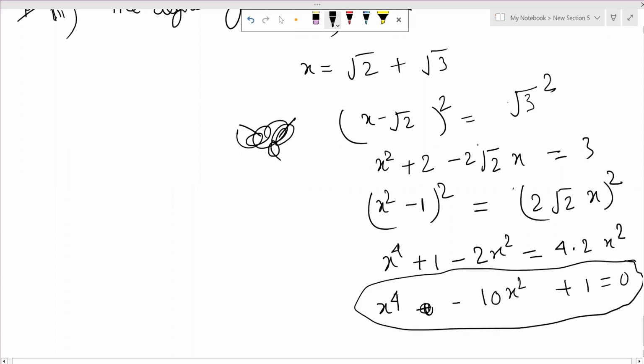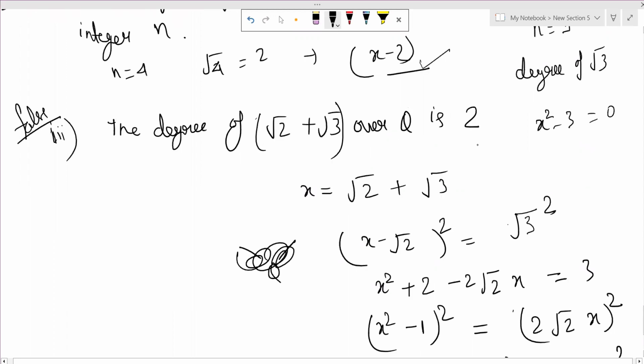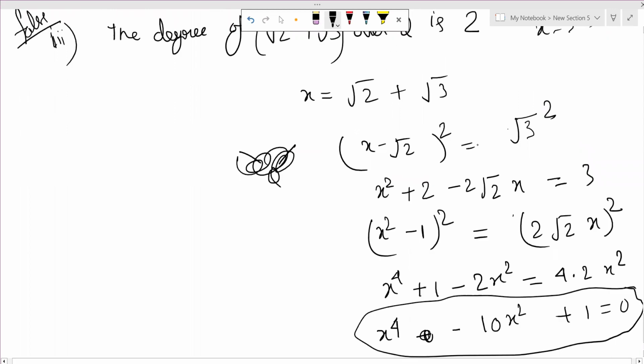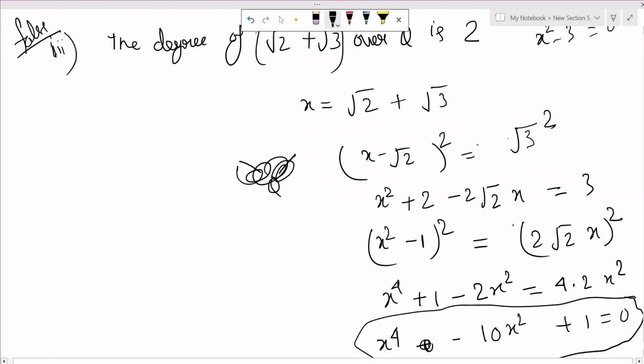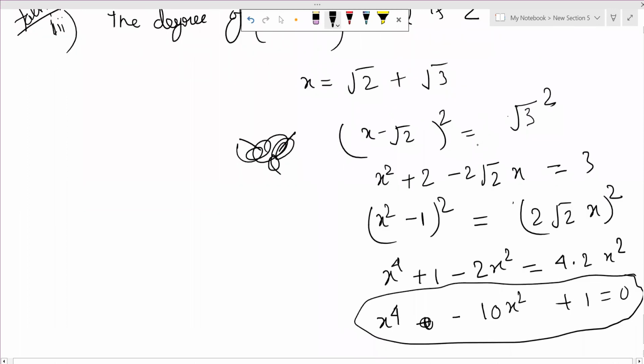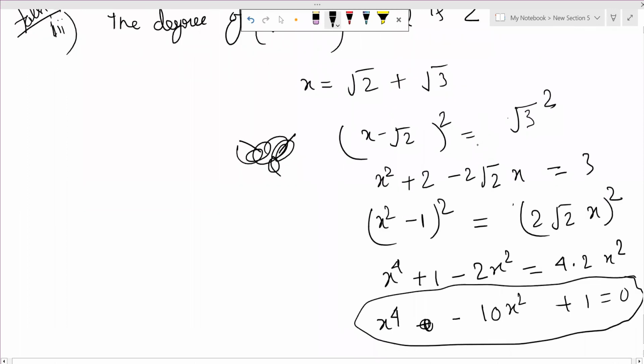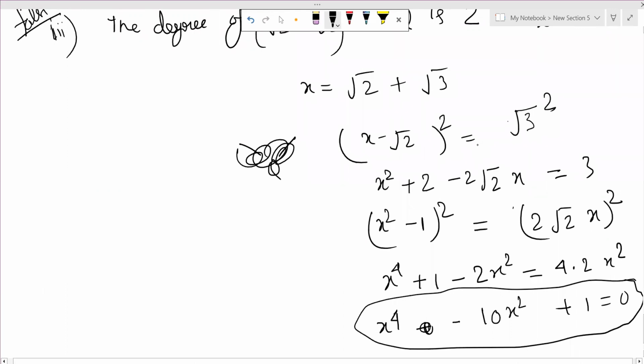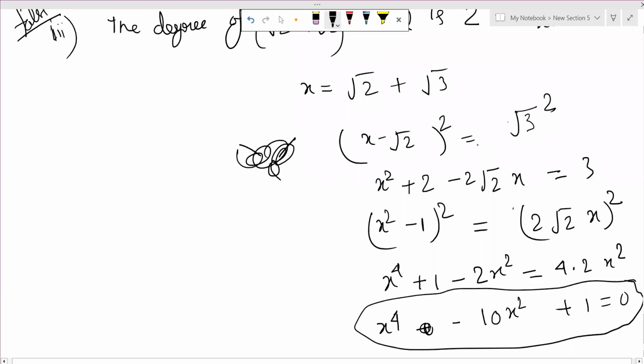Now you are claiming this is the minimal one. How will you claim this? Can we use Eisenstein criterion? How will you use the Eisenstein criterion? We will take a prime. What is the Eisenstein criterion?